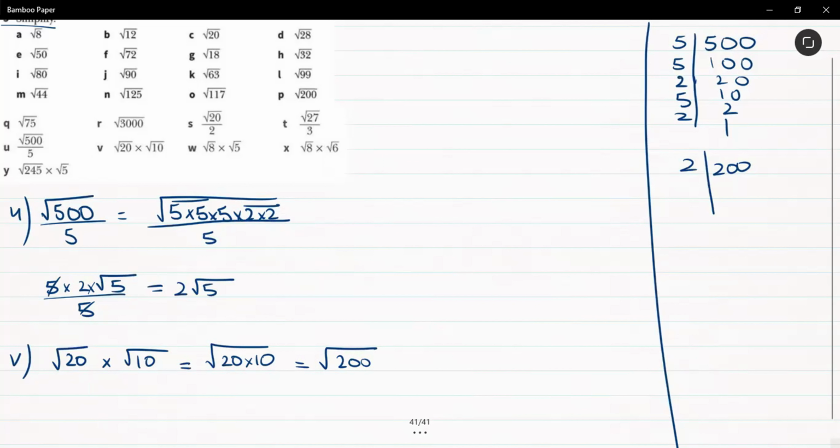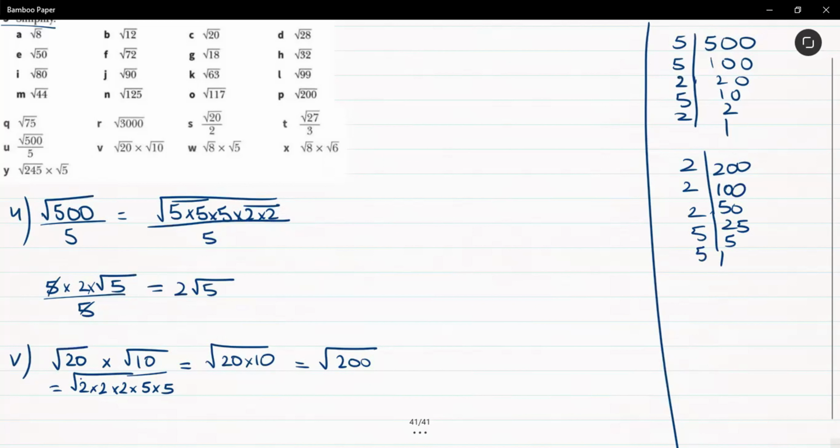What is the LCM of 200? 2 tens, in fact, 10s are 20. 2 zeros are 0, 2 fives are 10, 2 zeros are 0, 2 25s are, 5 fives are 25, and 5 ones are 5. So basically, under root 200 is equal to under root of 2 multiplied by 2 multiplied by 2 multiplied by 5 multiplied by 5.